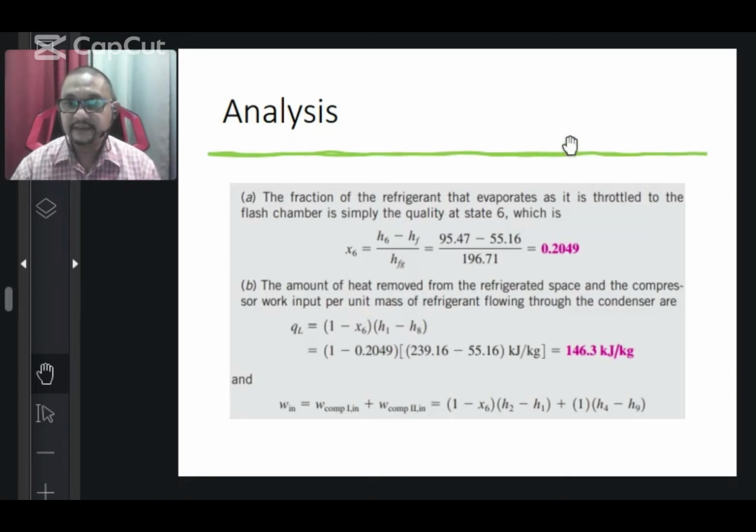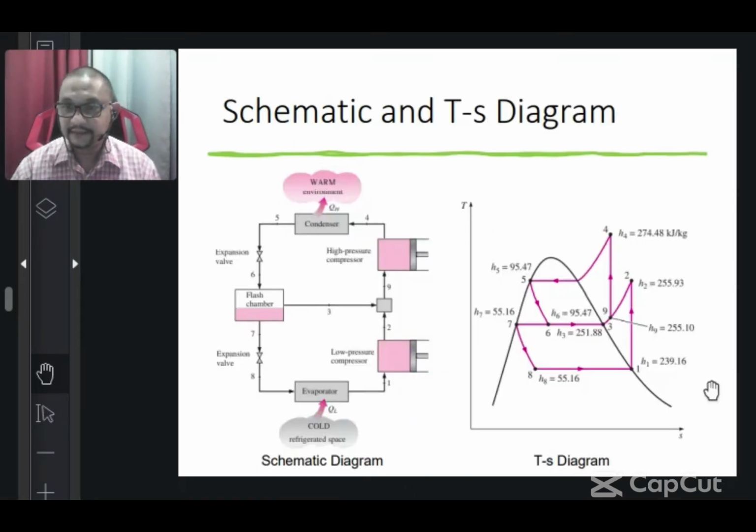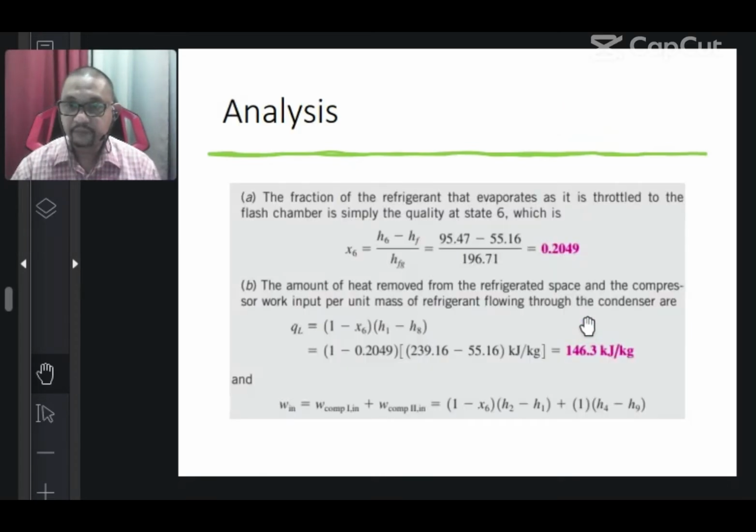From here, to find the fraction of the refrigerant that evaporates as it is throttled to the flash chamber is simplified by the quantity at state number 6. We go to the T-s diagram at state number 6. We know that at state number 6, h6 is 95.47 kilojoule per kilogram.